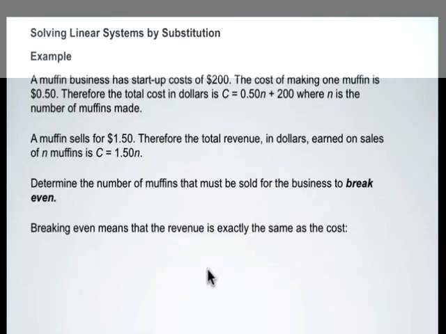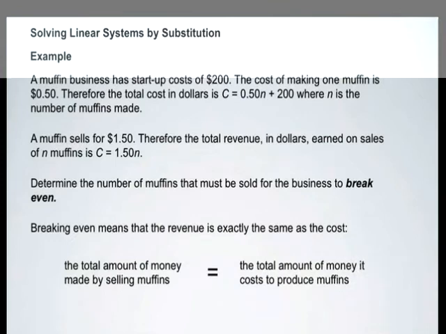In other words, we're not going to make any money and we're not going to lose any money at the break-even point. So that means that the total amount of money made by selling muffins is equal to the total amount of money it costs to produce the muffins, and so that's our break-even point.